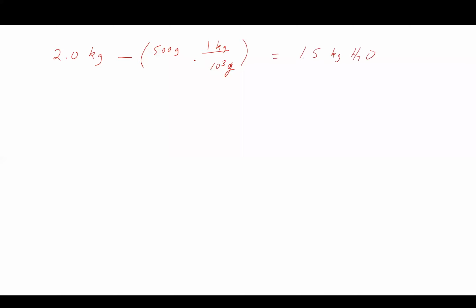So if we did this in terms of mass, we would take 500 grams of the 40% solution and add 1.5 kilograms H2O. If we had a density for H2O, we could convert that into volume and use the volume.